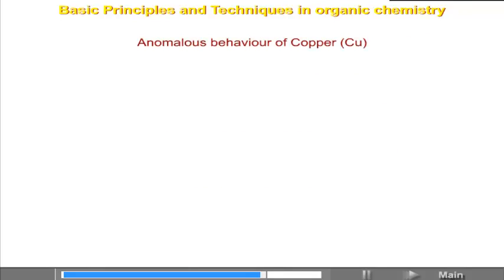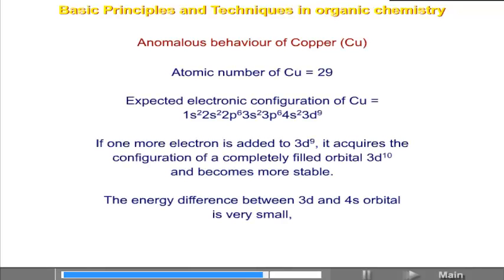Anomalous behavior of copper, Cu. Atomic number of copper is 29. Its expected electronic configuration is 1s2, 2s2, 2p6, 3s2, 3p6, 4s2, 3d9. If one more electron is added to 3d9, it acquires the configuration of a completely filled orbital, 3d10, and becomes more stable.